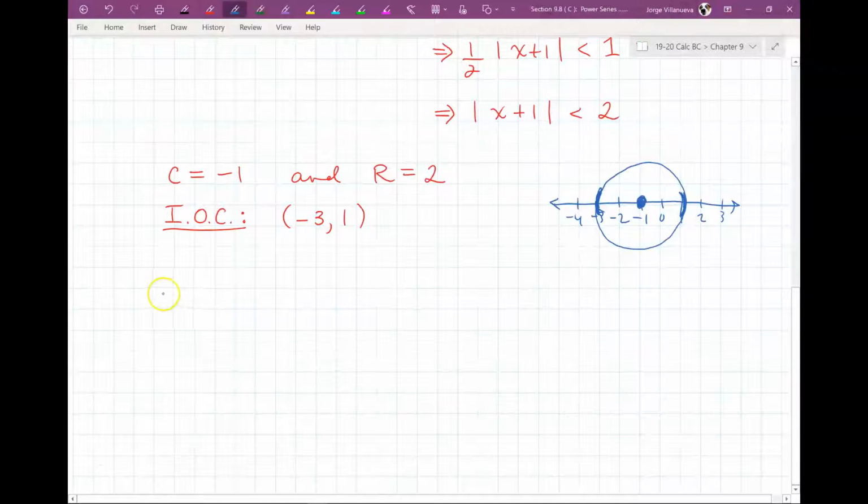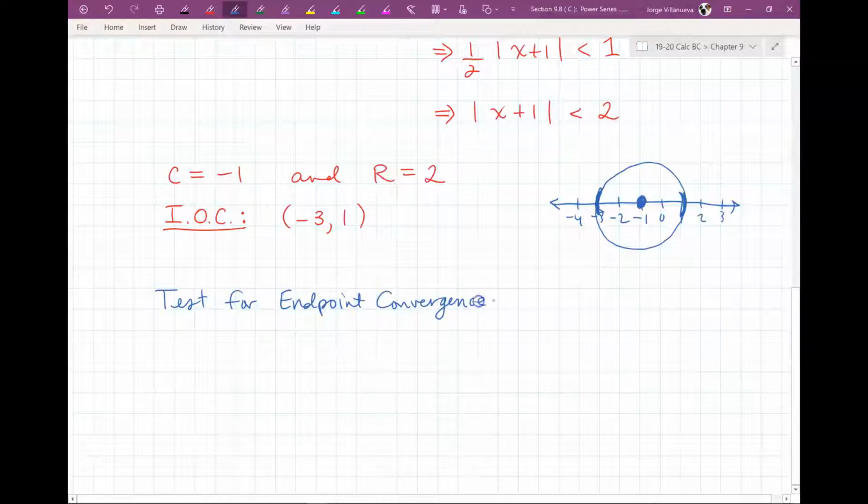So, test for endpoint convergence. So remember, to test for endpoint convergence, you're going to let x equal -3 and let x equal 1, and you're going to put them into your original equation.